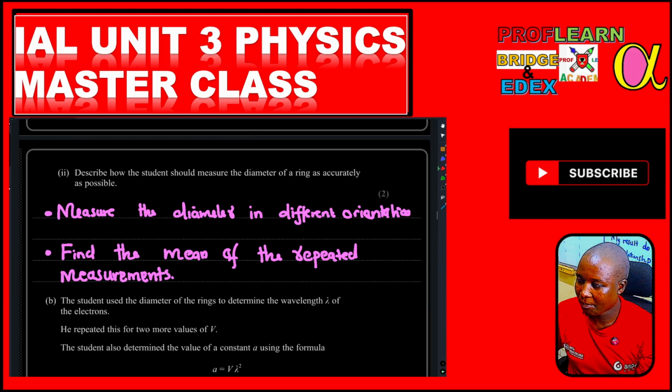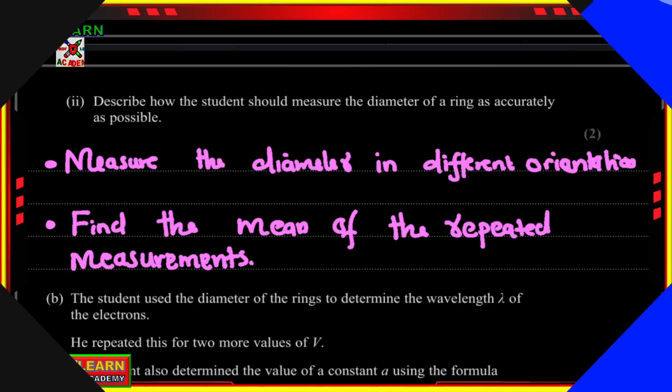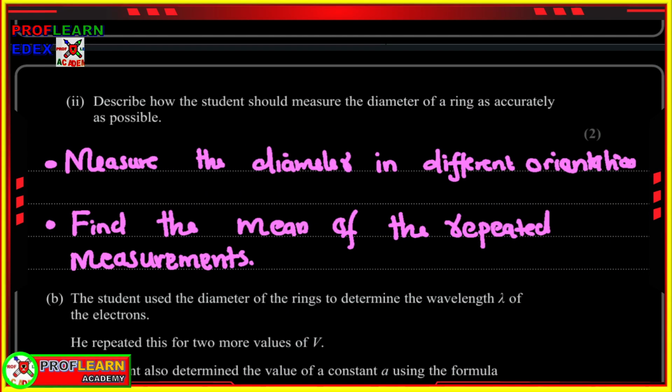At the same time, the student needs to take measurements in different orientations, and then we will have multiple values of the measurement, so he can find the mean, and that will reduce any random error that could be there.